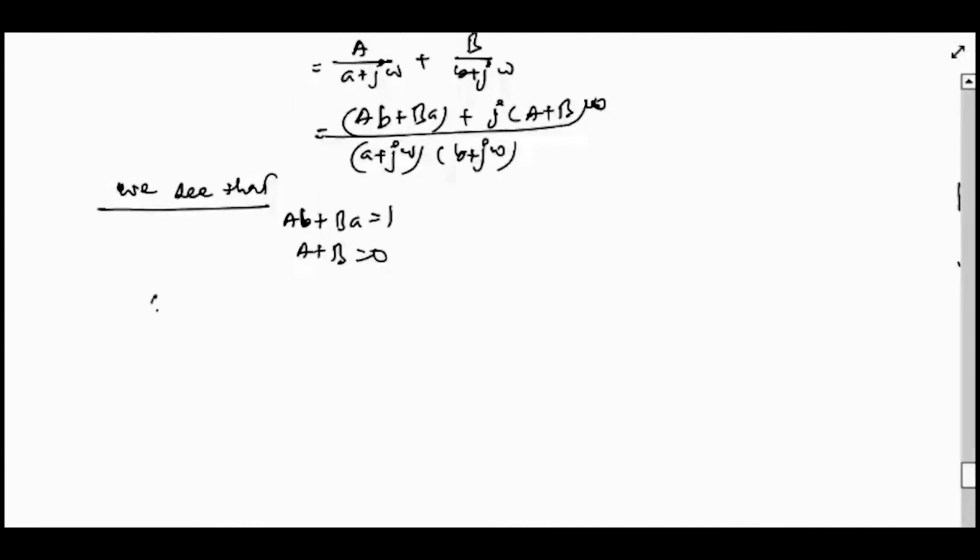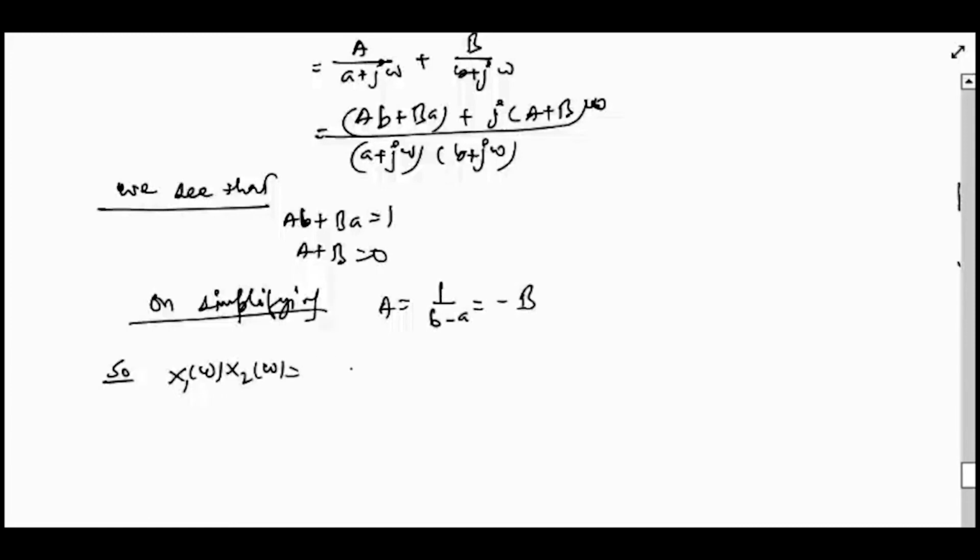On simplifying, this gives A to be equal to 1 over (b minus a), and B is the same as minus A. So we see that X1(omega) X2(omega) is equal to 1 over (b minus a) times 1 over (a plus j omega) minus 1 over (b minus a) times 1 over (b plus j omega).